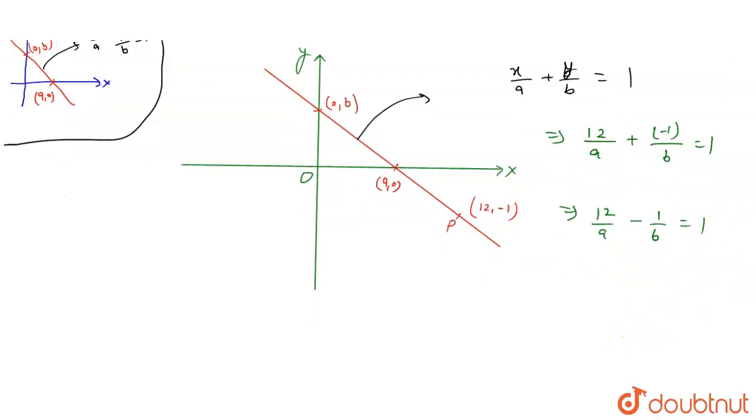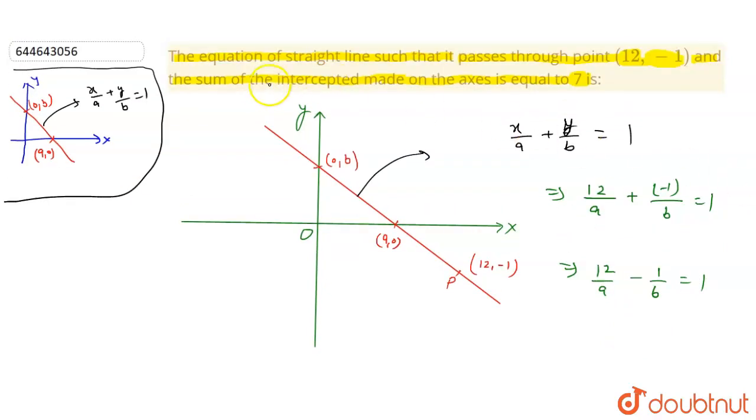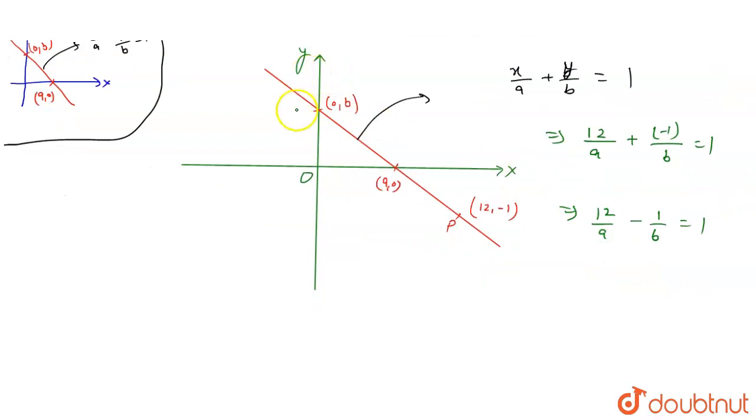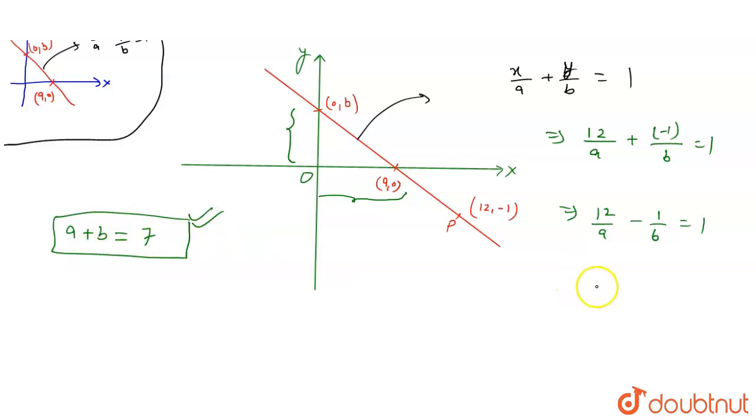Now the question is saying the sum of the intercepts made on the axes is equal to 7, means the sum of this y-intercept and this x-intercept is equal to 7. This is again given in the question.